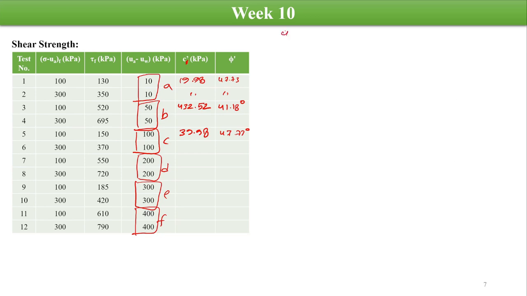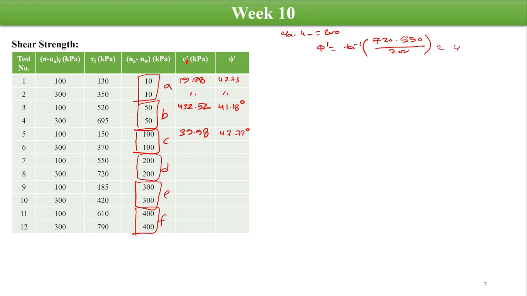Okay, so for UA minus UW value of 200 we'll calculate. So we'll get phi dash is equal to tan inverse of 750 minus 550 divided by 200.